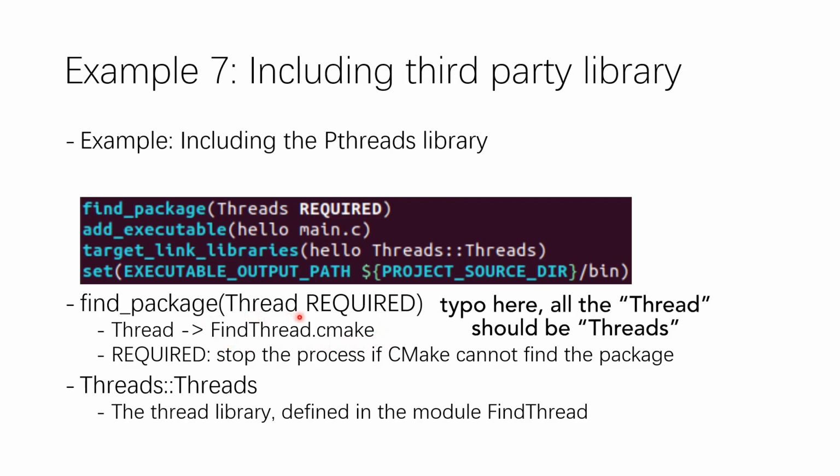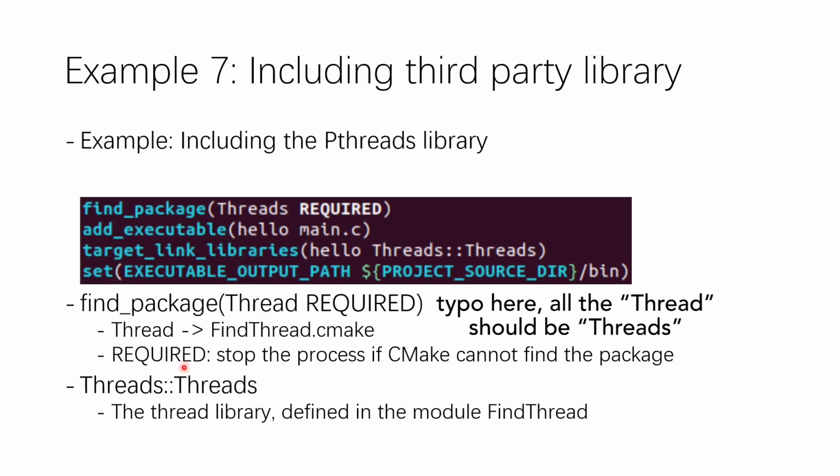The second parameter REQUIRED means it will stop the process if CMake cannot find the package. And here is Threads. Then we add the executable file hello and link hello with this library. Here Threads::Threads means the thread library defined in the module FindThreads.